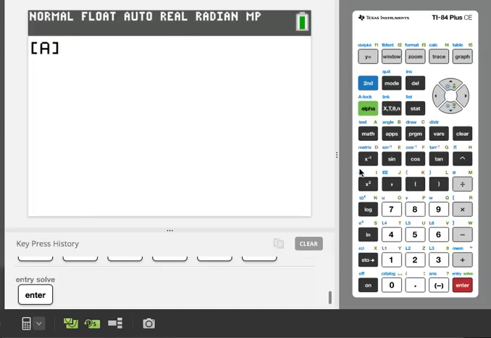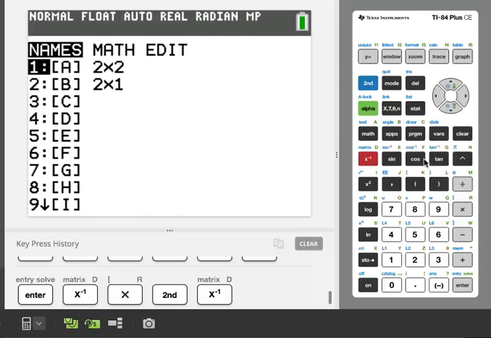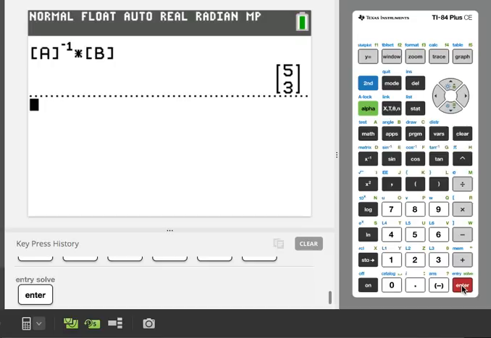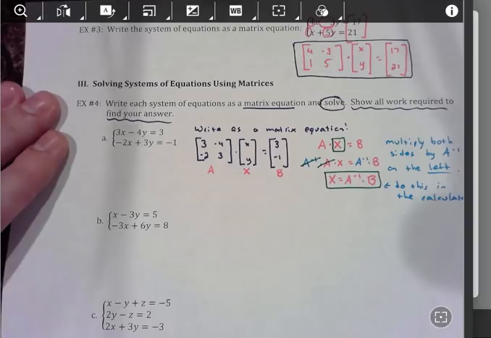The inverse button is the one we've been clicking this whole time to get the matrix. So we do A inverse times, just multiply by, and then go back to the matrix menu, second, matrix, and I want matrix B. And there we go. Our answer matrix, that X matrix, is the 2 by 1 that contains 5, 3.